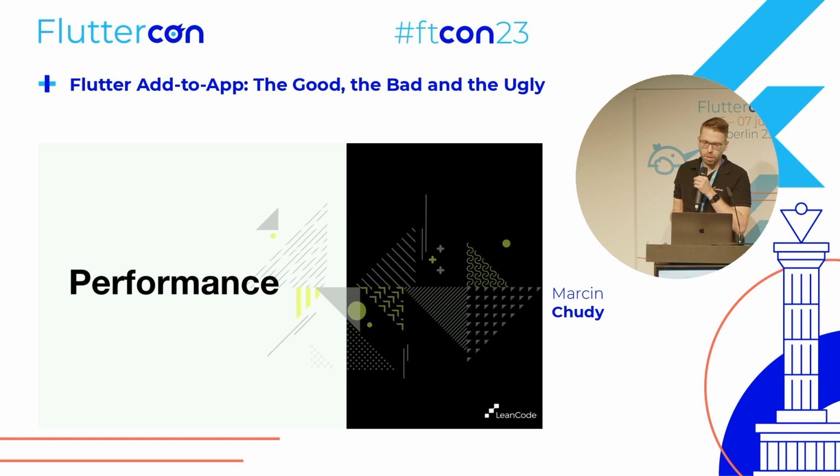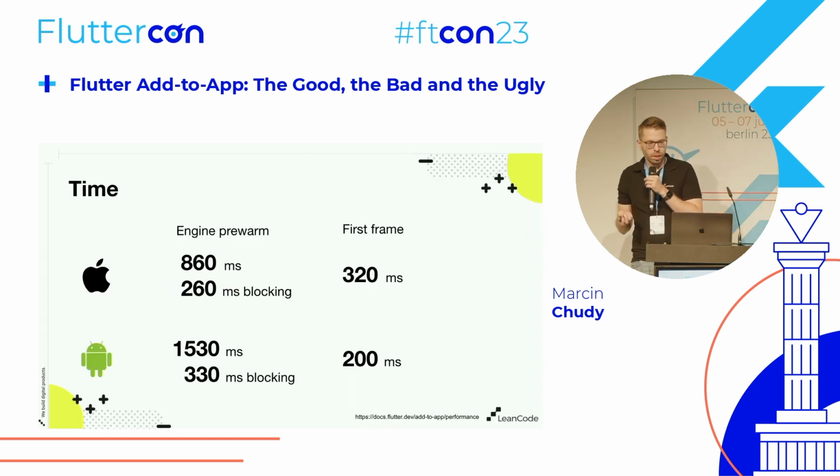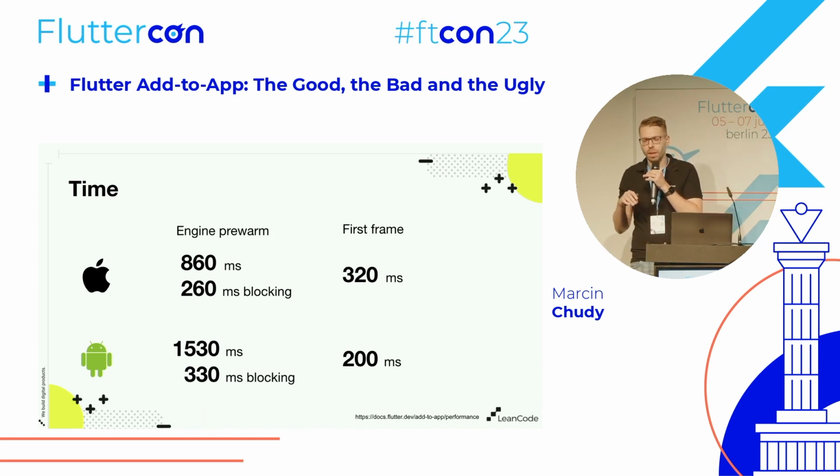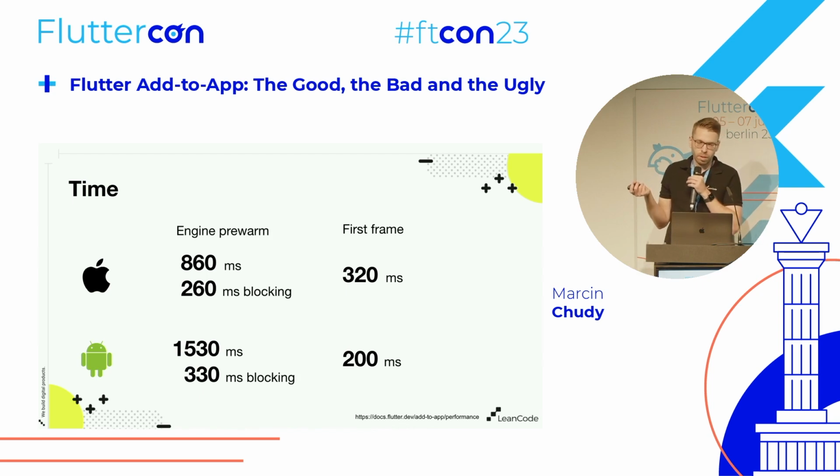What about performance? Those are some numbers from the official Flutter documentation. The numbers will vary depending on the device you're using, so they're pretty rough, but they're the order of magnitude that you might expect. On iOS, engine pre-warm, which as I said you should do in the background, takes around 860 milliseconds, and rendering the first frame takes 320.